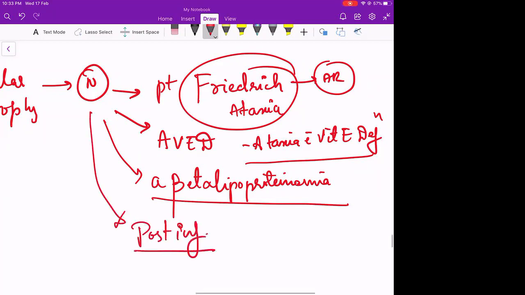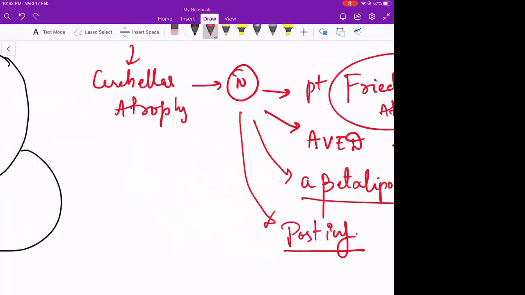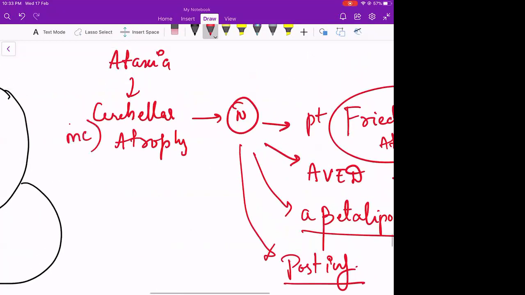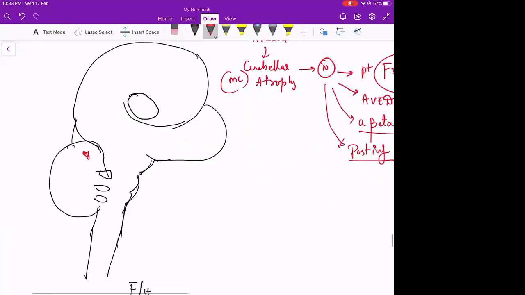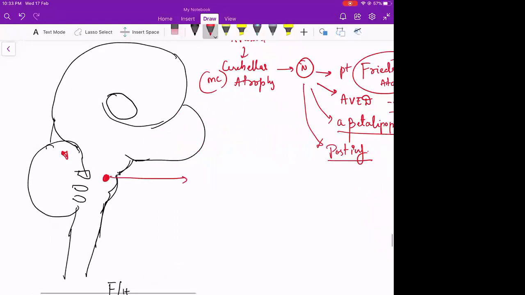These patients will have a normal cerebellum, and some patients will have pontine atrophy with cerebellar symptoms. So we will suspect multiple system atrophy. If the patient is having predominantly cervical cord atrophy, then you'll think of Friedreich's again.